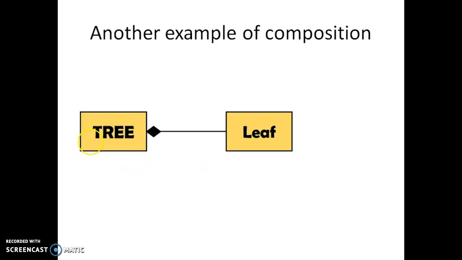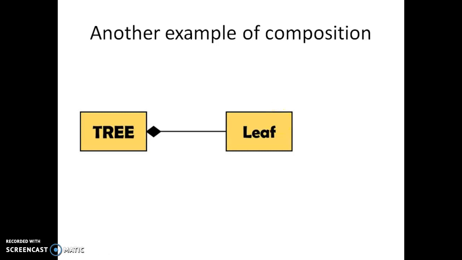Tree is the whole entity. If tree is destroyed, then leaves must be destroyed. This is another difference between aggregation and composition.